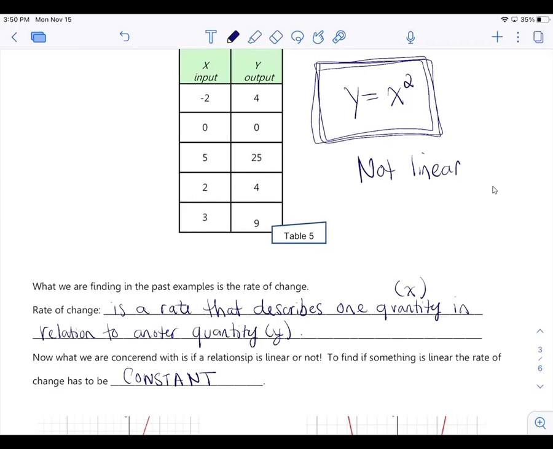So for example, this one above us, this x squared, that's not constant because I'm multiplying the first one by -2, the next one by 0.5, I'm multiplying by 2, and 3, I'm multiplying by 3. That's not constant.